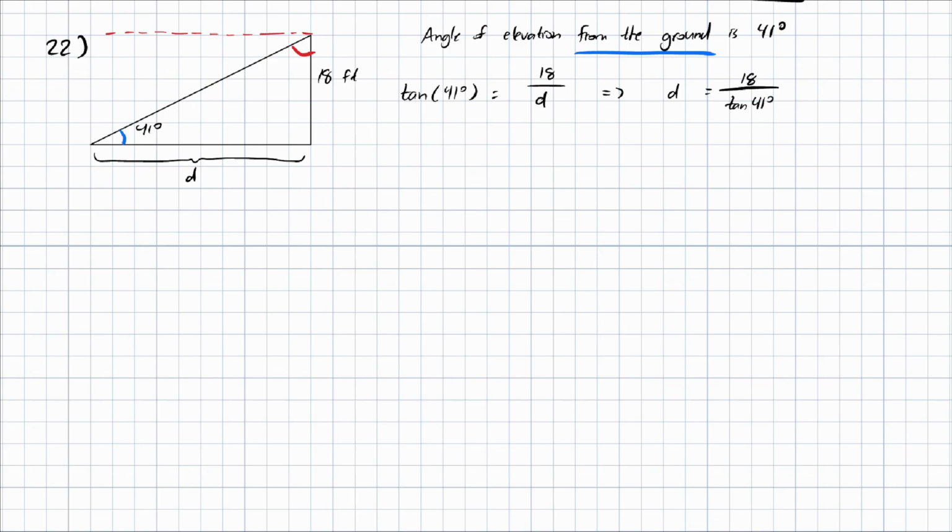You could write it like this, or be more accurate and say d equals 18 cotangent of 41 degrees. By definition, cotangent is just the reciprocal of tangent. And here you go, that is your answer. If you want to be really picky, I'll put units: feet.